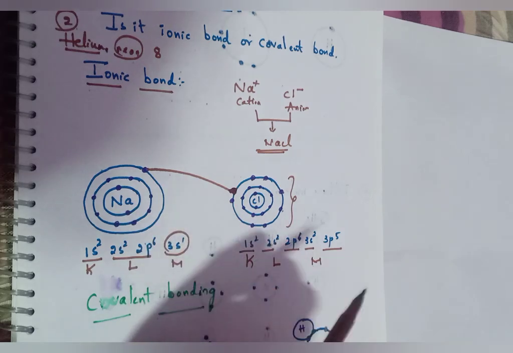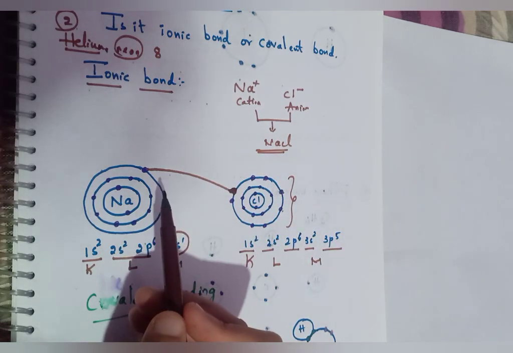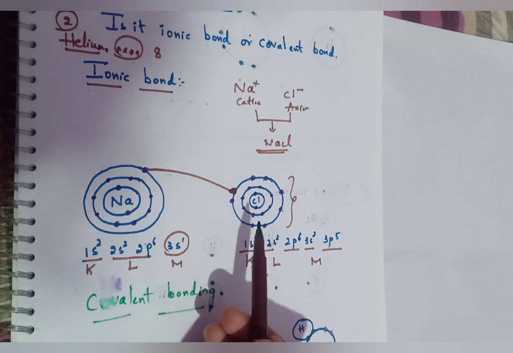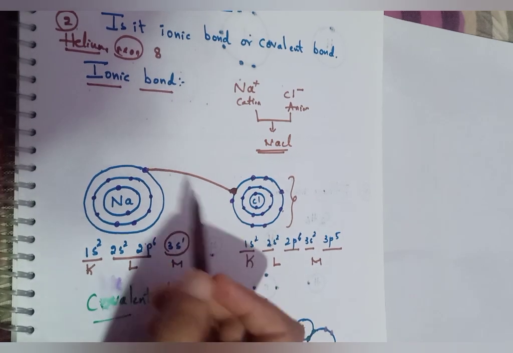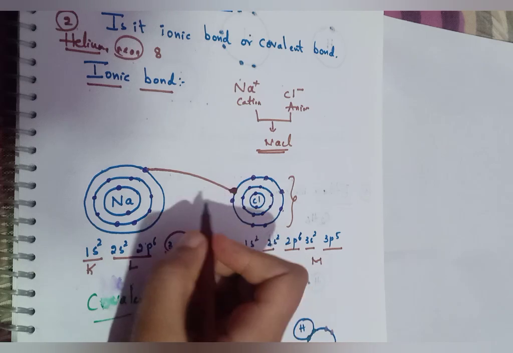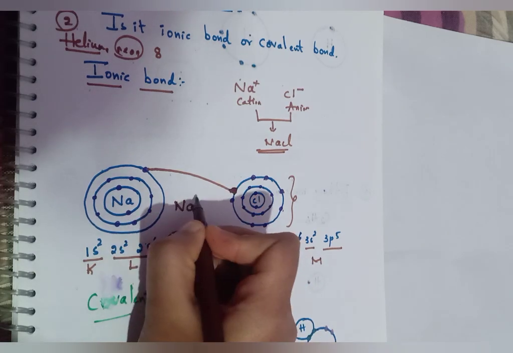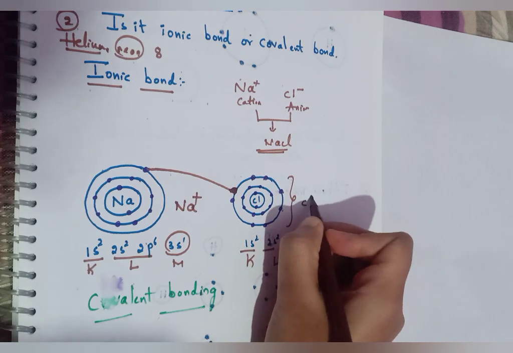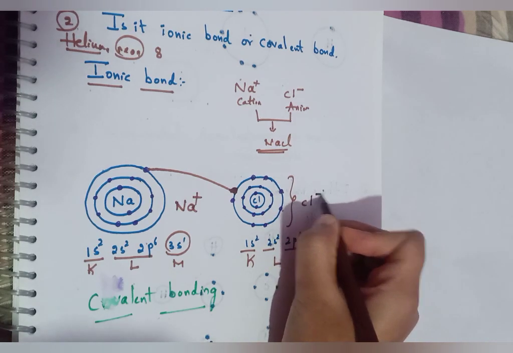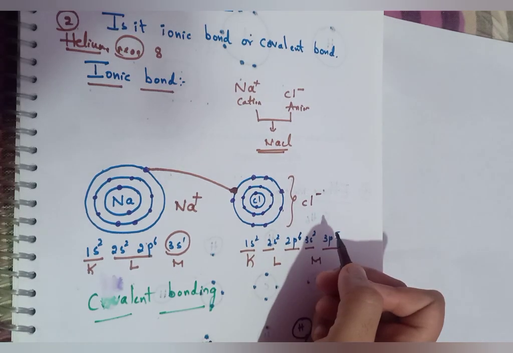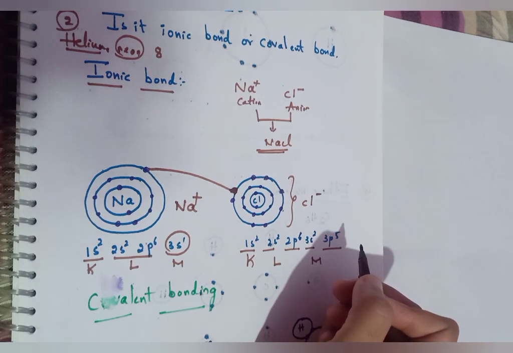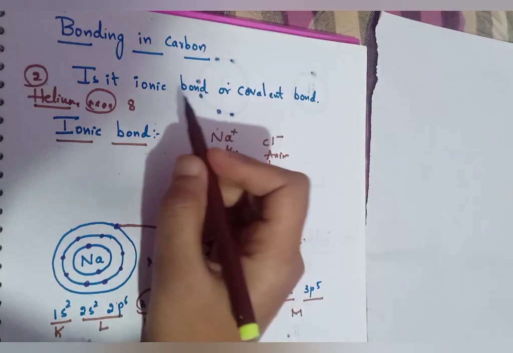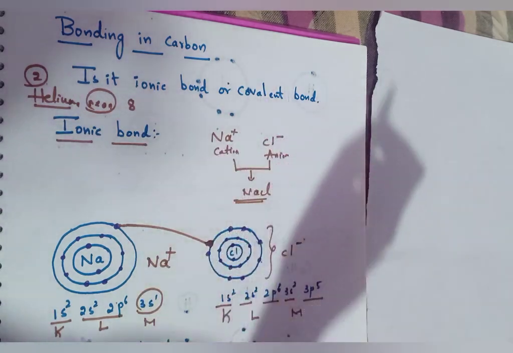Here mutual sharing is not present, only one atom will give its electron to the other atom. So now the Na has given one electron, so it will get Na plus charge, and the Cl is getting one electron and it is getting Cl minus charge. This is about the ionic bonding. So we need to know whether carbon is an ionic bond or covalent bond.